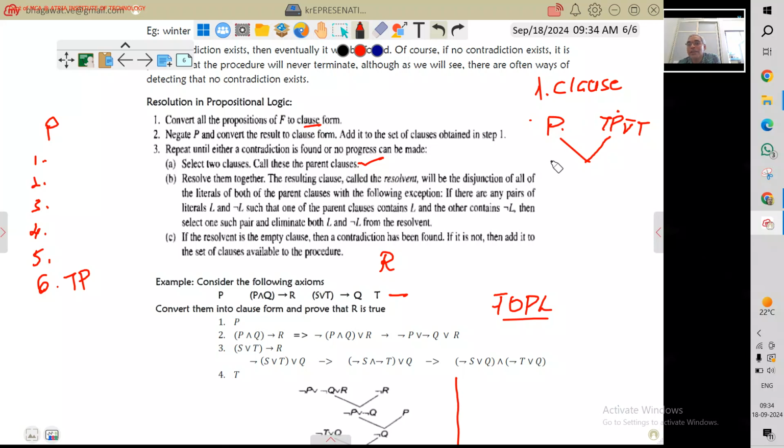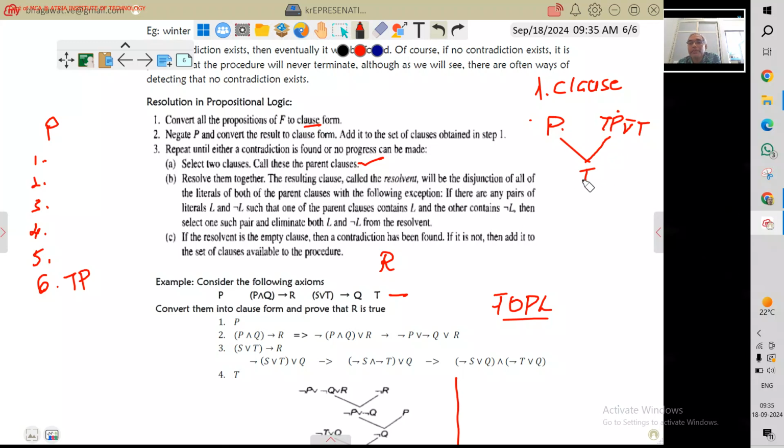Here we have the clause P and the clause negation P or T. We see P and negation P, which cannot hold simultaneously, so they cancel each other. The leftover is T, so we write T as our resultant clause.